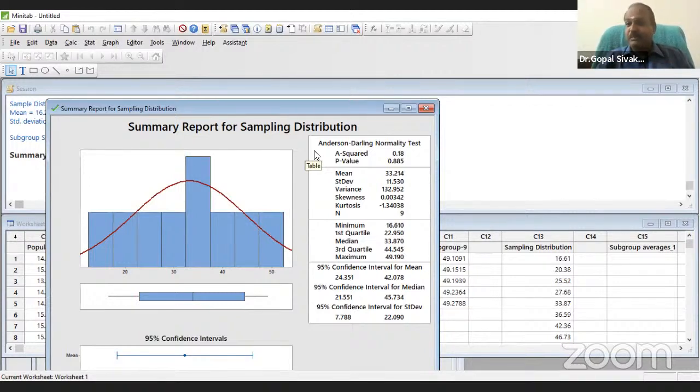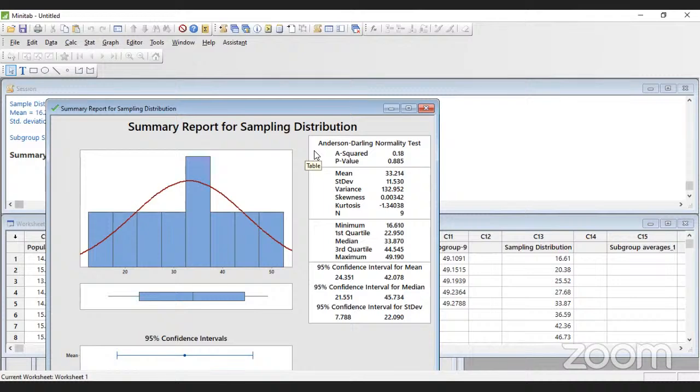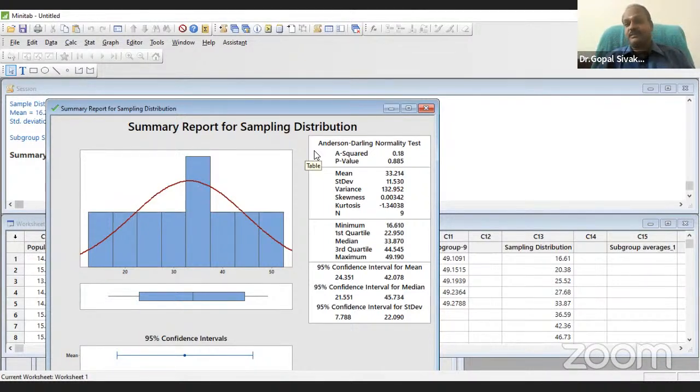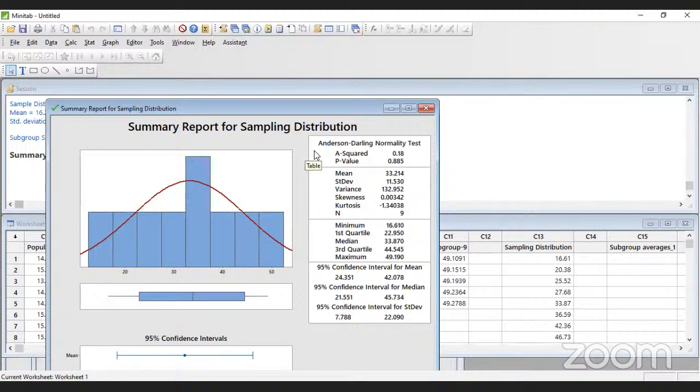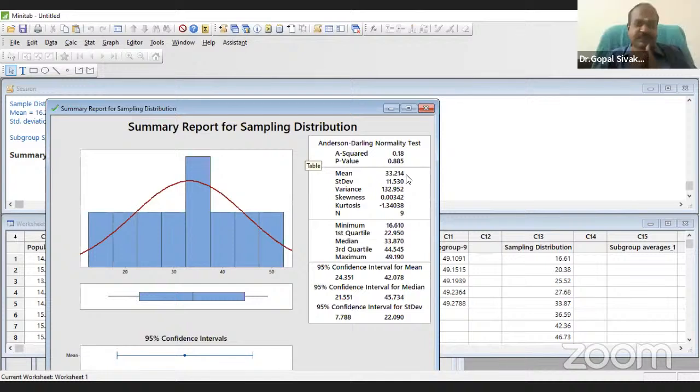Sample we have already seen. Population we have already seen. What are we seeing now? Sampling distribution. What is the sampling distribution? Distribution of subgroup averages. Now look at the mean value. How much is the mean value? 33.214. What is the standard deviation? 11.53.